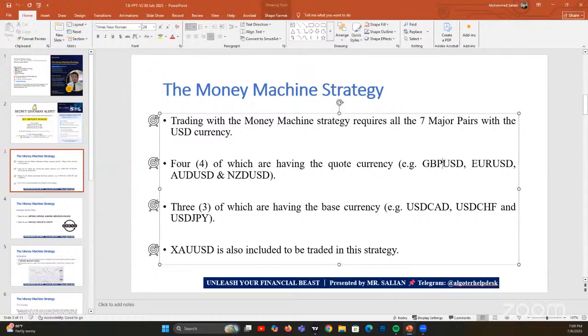Then there are 3 more, in which USD is the base currency. Now it's reversed: USD CAD, USD CHF, and USD JPY. And gold, XAU USD, is also included to be traded in this strategy.